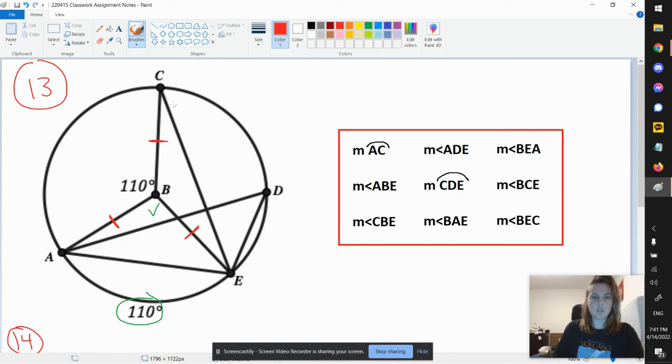This is another radius, which means this too is an isosceles triangle, which again means that this angle and this angle will be equal. Once we find this arc, by all of them adding up to 360, we will have found this angle, and that will help us find these two angles. Cool. Those are the notes on number 13.